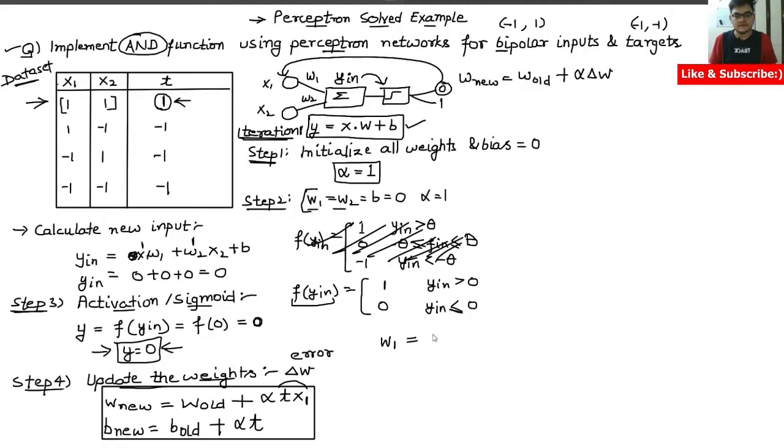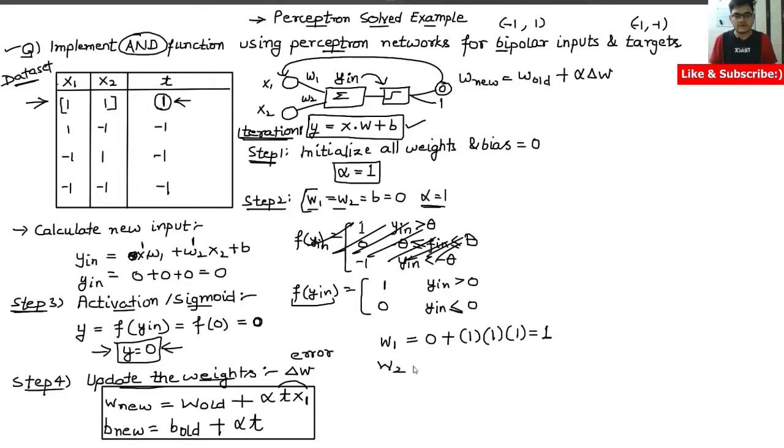So it was equal to 0 plus alpha is given to be 1. We have assumed it to be 1. Then t is the actual output or the target, which is 1. And then x1 is also 1. So the value of weight 1 will become 1 now, right? Previously it was 0, now it is 1.